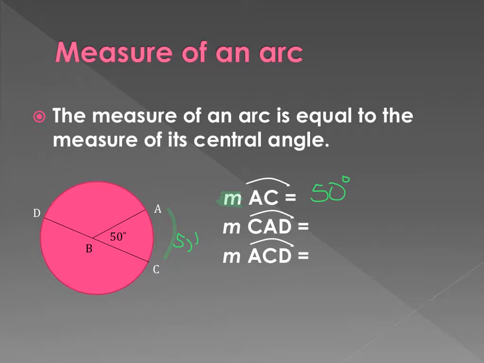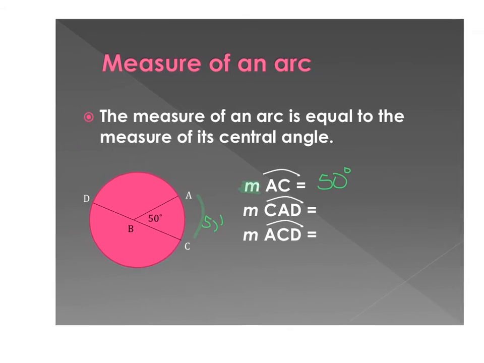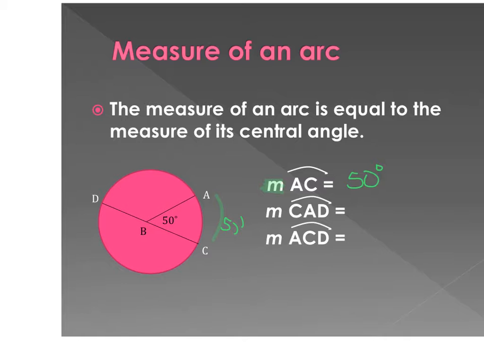Now, the other measure that I have on here is going to be the semicircle arc, because I know a semicircle has 180 degrees. So for my CAD, it's going to be just the semicircle, so it's going to be 180 degrees. For the ACD, we're going to follow it around in the order of the letters.